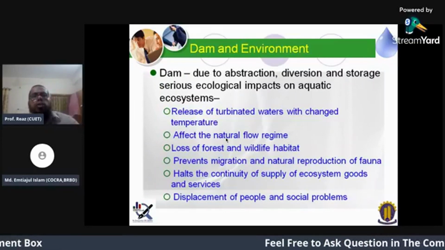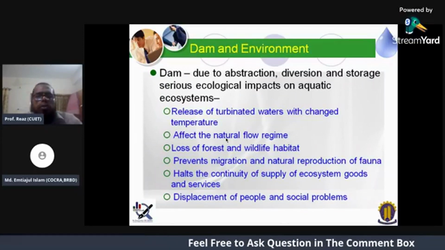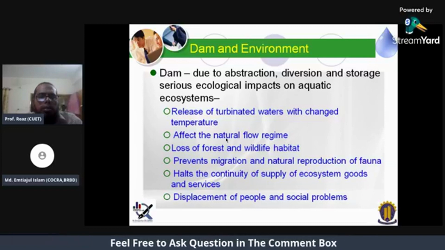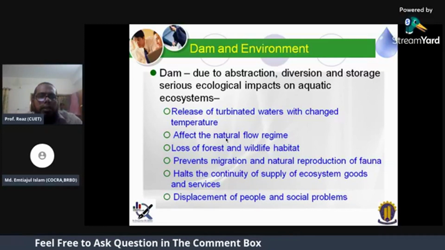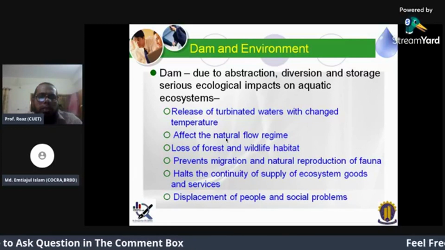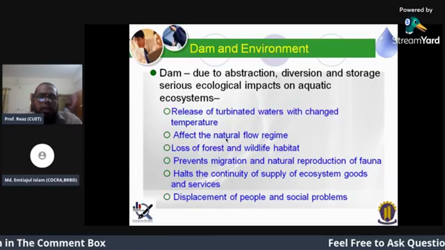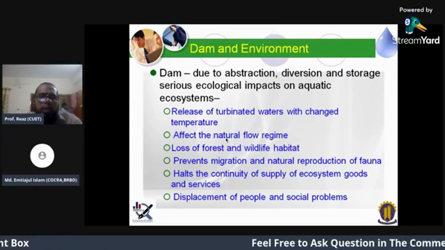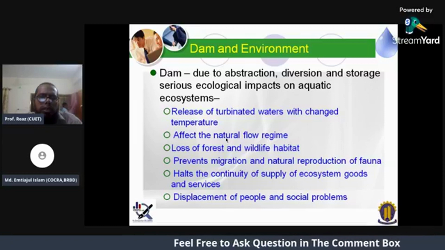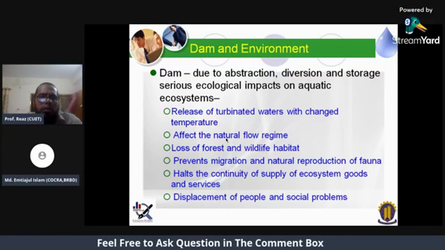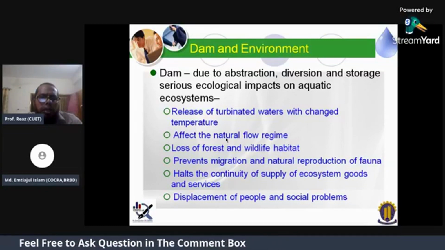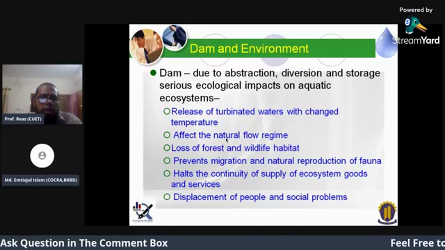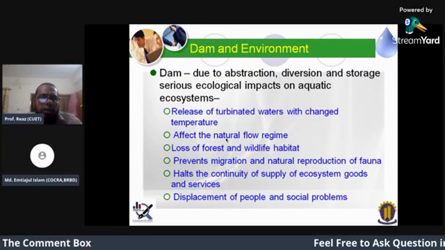But if you look into the environmental issues from this hydropower sector, then due to abstraction, diversion, and storage, it has a serious ecological impact on the aquatic ecosystem. It releases turbinated water with changed temperature. It affects the natural flow. It causes loss of forest and wildlife habitat.